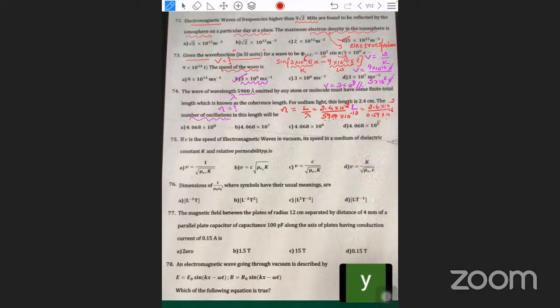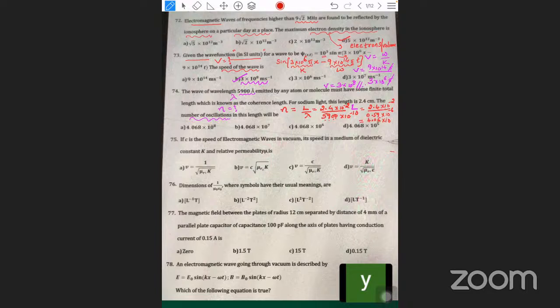2.4 into 10 power minus 2 as it is. Now, 2.4 whole thing divided by 0.59. You will get approximately 4.06 into 10 power minus 6. When it comes to the numerator, it will be plus 6. So it will be equal to what?